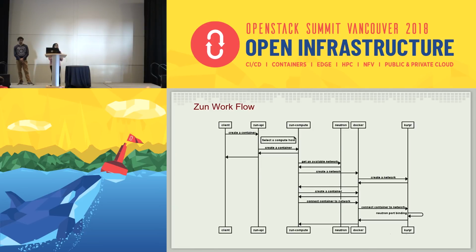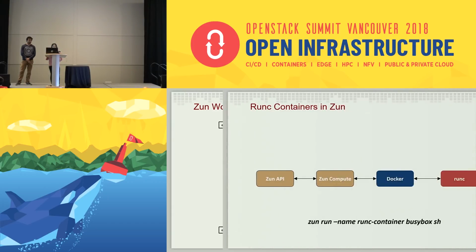After the network is created, the request is sent to Docker with the created network to create our container. Docker creates the container and finally attaches it to the network. So this is the basic workflow of how the request travels from the client to Docker and how it interacts with Neutron and any other service for the necessary resources.